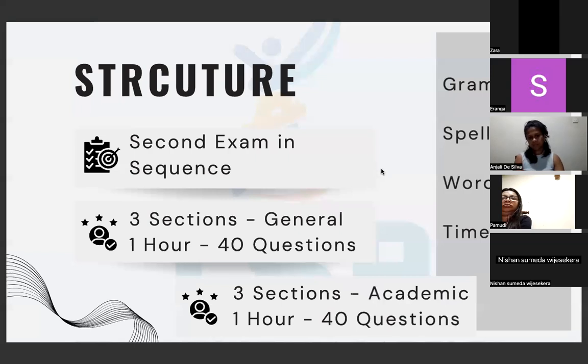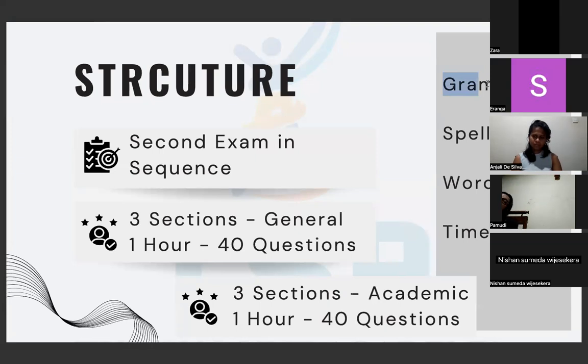When you're answering the questions, regardless of the question type, whether it's a completion type question or a matching type question, there are a few things you have to pay attention to. Number one, you have to pay attention to your grammar. Now, when you're doing the listening test or the writing test, even if your grammar is not 100% great, you can still go for a high band score.